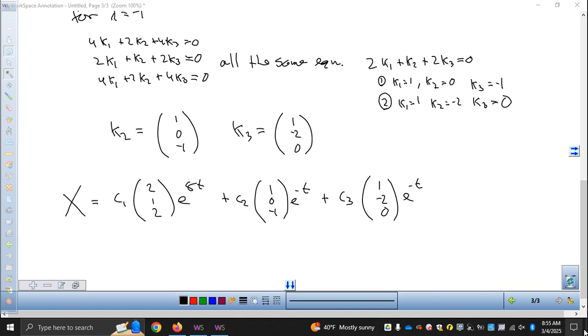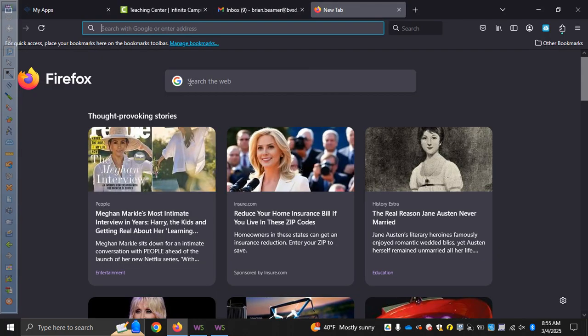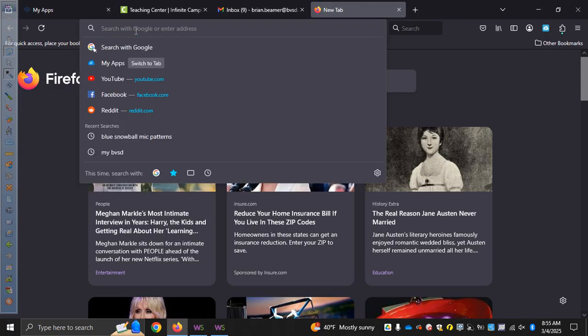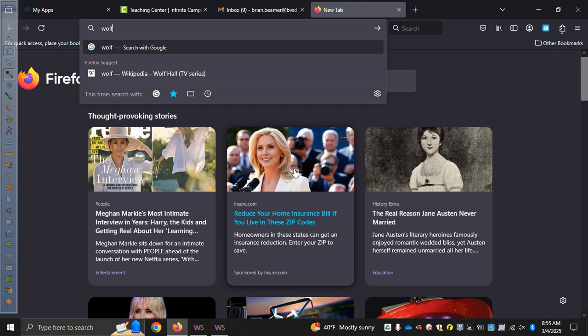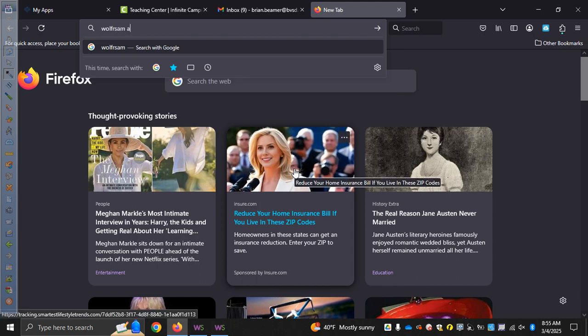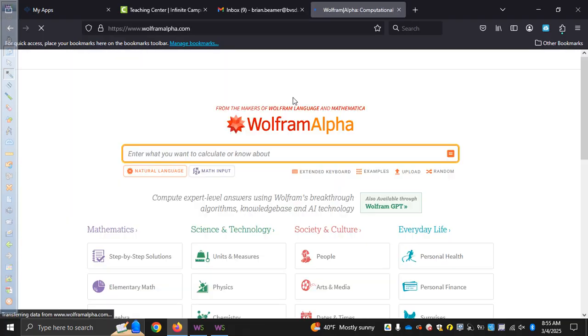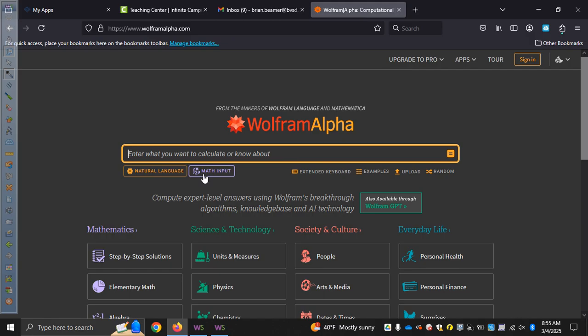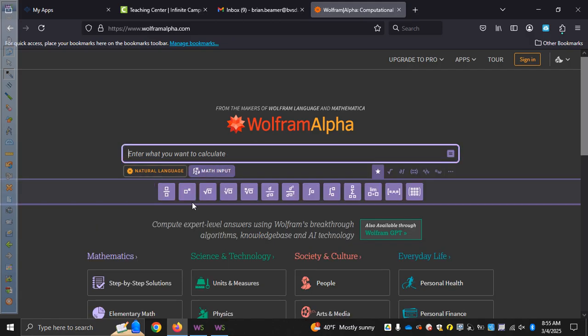Let me go to the website, and I'll show you this option when we get there. If you do math input down here, you can put in matrices, you can put in symbolic stuff if it helps you.